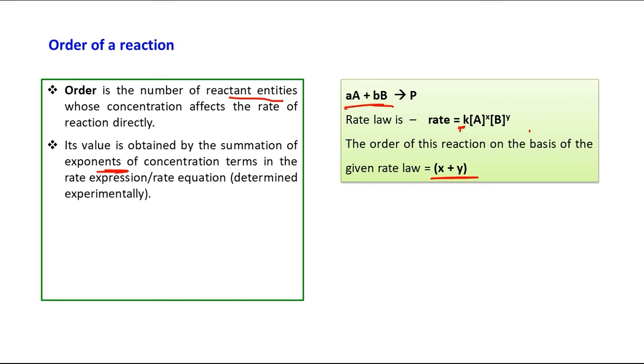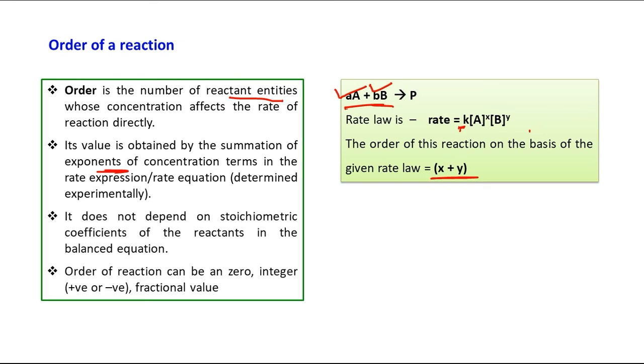It is not necessary that it will be the same as the coefficients small a and small b. It may be the same, but it is not necessary. So if you write the balanced equation, you cannot write the rate law from that. You have to know the rate expression or rate equation which is determined experimentally.